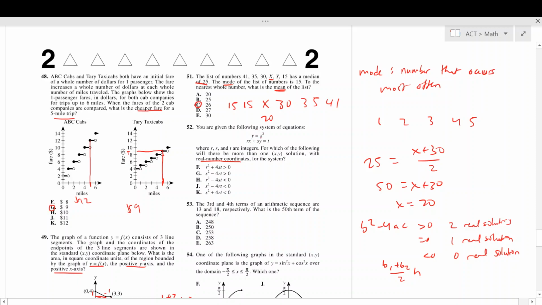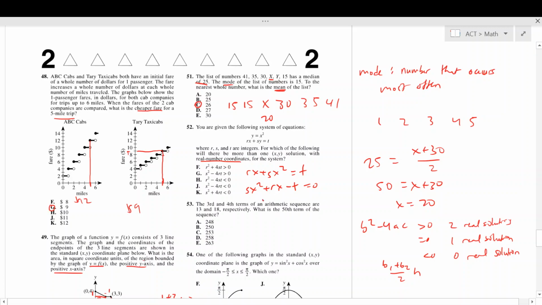If y equals x squared, then in rx plus s, replace y with x squared: rx plus s, x squared equals t. Remember, we're trying to get it into a quadratic form, so move this t to the other side by subtracting t on both sides. So we have sx squared plus rx minus t equal to 0. Now we need to get the discriminant: b squared minus 4ac.